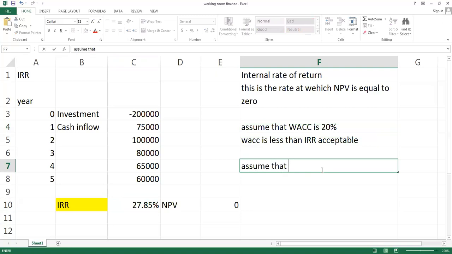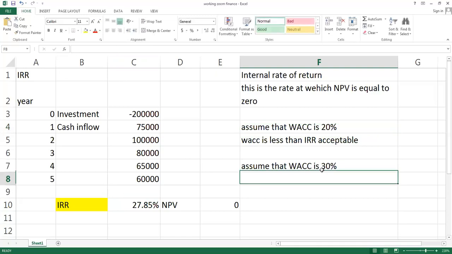But just assume that WACC is 30%, or in simple words, you can say that the firm's cost of capital is 30%, and the resulting project is giving you IRR of 27.85%. So if you get the idea of cost of capital, you know that if cost is more than the IRR, then project will not give you any positive NPV.